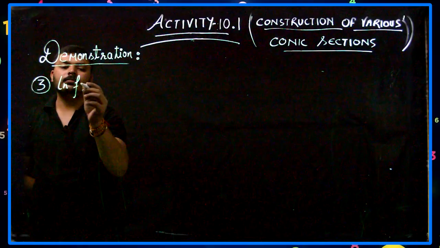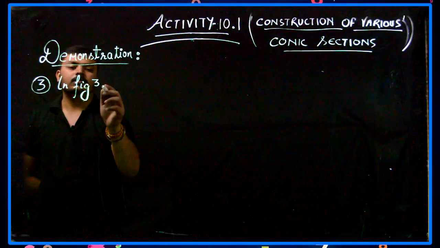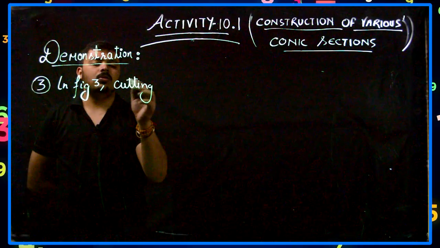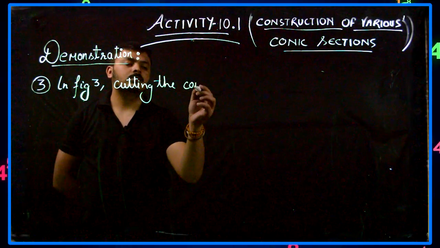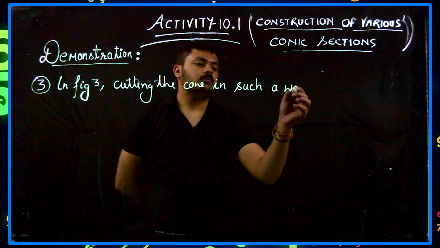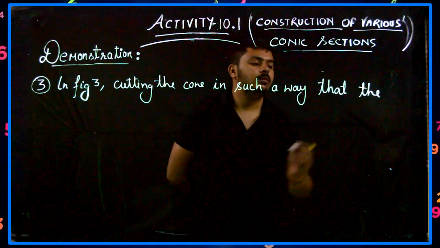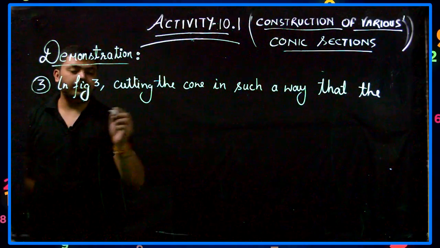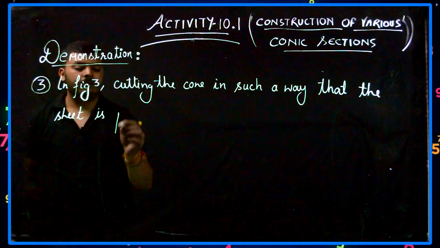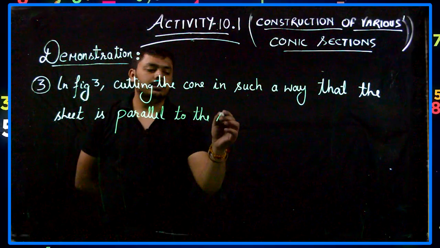Now in figure 3, we are cutting the cone in such a way that the transparent sheet is parallel to the slant height of the cone.